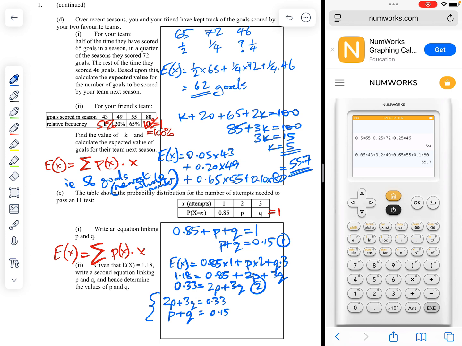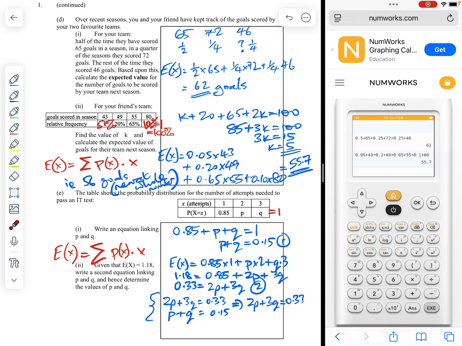There are various ways of working this out. My method would be, I'm going to double both sides of the second equation, written out here, repeating what we had already at the top of that pair.